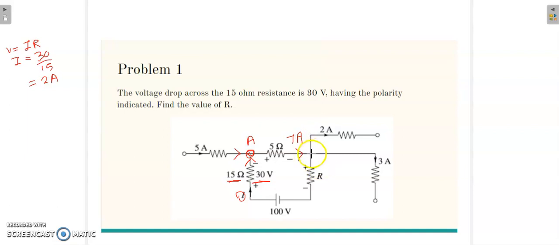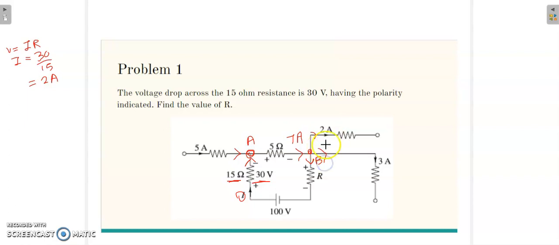Now coming to this particular node, if I name it as node B, at this node B, this is the incoming current 7 ampere. This I is coming from the same branch which is going out from this node. 2 ampere and 3 ampere are also outgoing from this node.